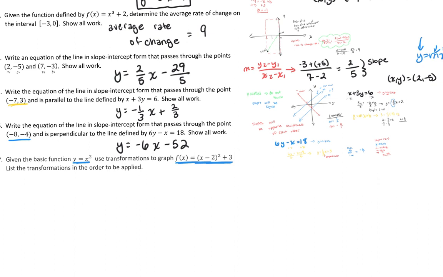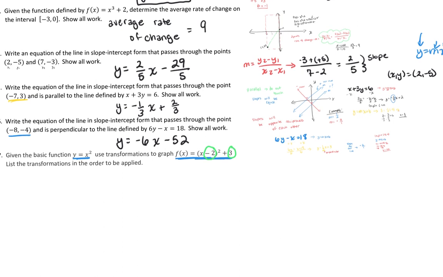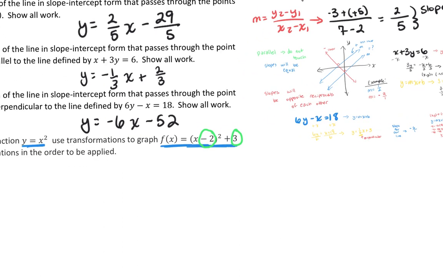So first of all, I notice this change here, and I notice this change here compared to y equals x squared. If you remember, everything that happens to the x directly happens horizontally. So this is a horizontal transformation. And anything that happens to the entire function, like this 3, is a vertical transformation.